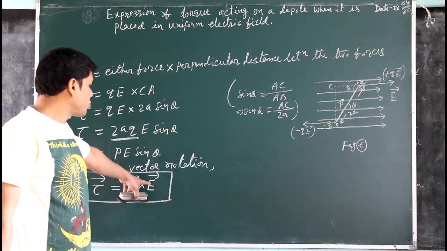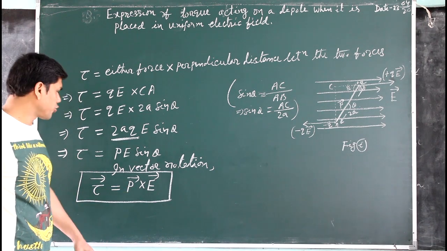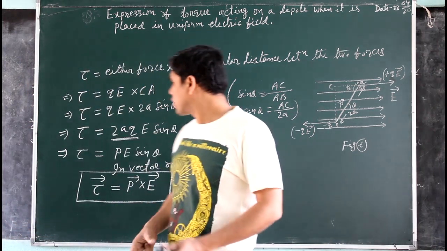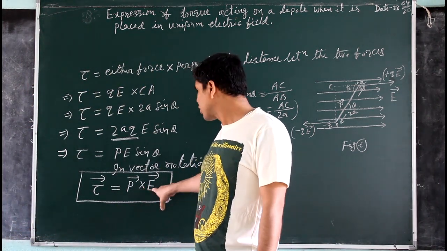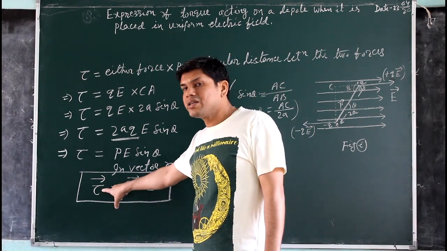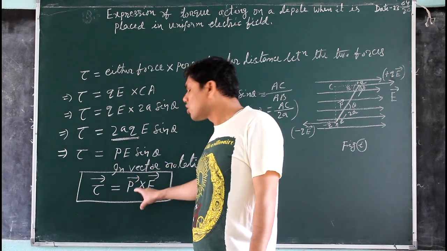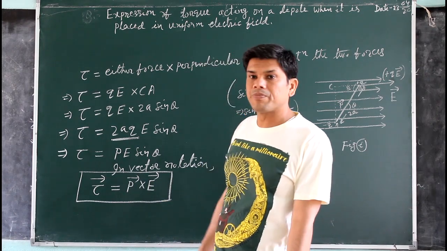Don't write E cross P, because it is a cross product. From the properties of the cross product, you know the first vector is P, the second vector is E, and the resultant vector is tau. So this tau is always perpendicular to both these vectors. This is the rule of the cross product.